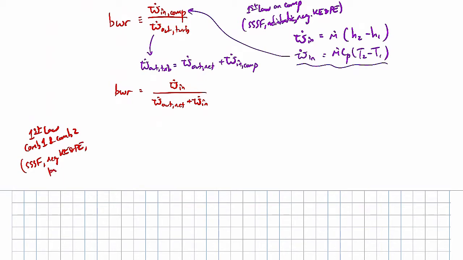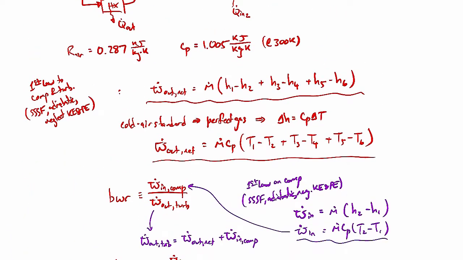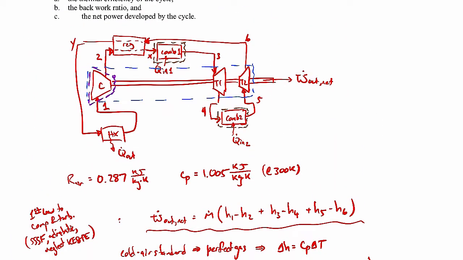And in this case, these are passive devices. They're not adiabatic because we're adding heat. They're just passive devices. So Q dot in from the first combustor will be m dot, let's go back up, should be (H3 minus Hx).